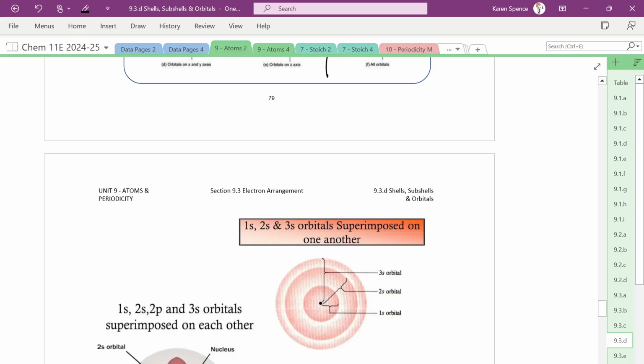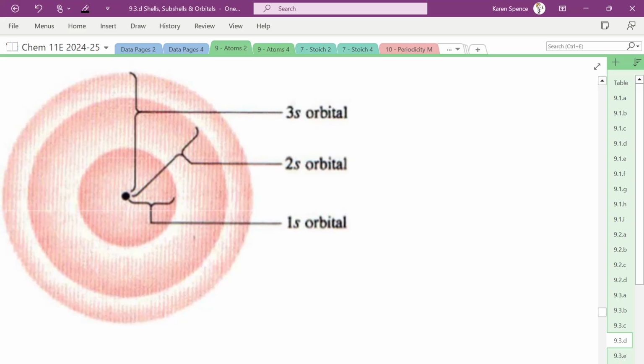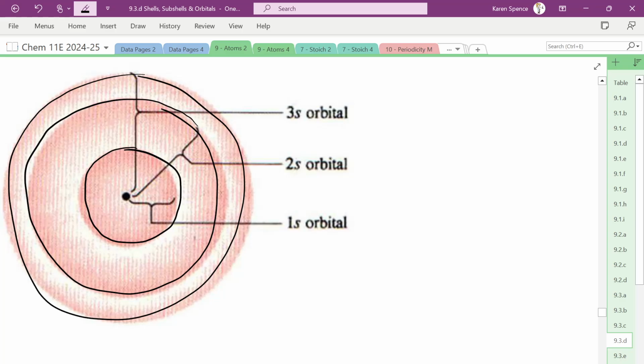On our next page, we have our 1s orbital. You can see it's here, but it is overlapping with the 2s and the 3s, and we'll take a closer look at those orbitals. And do you see how we have some areas where there's not very much electron density, where it's white?